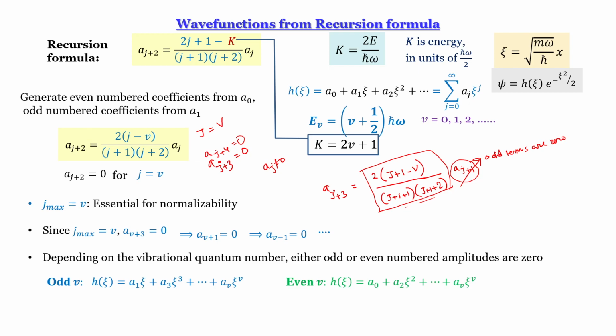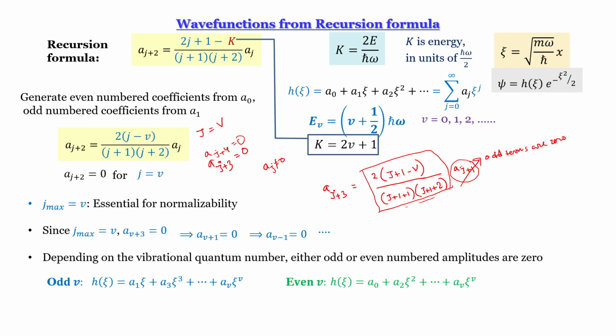But can we extrapolate it, saying that since aj plus 1 is 0, aj minus 1 is 0? Because see, the j is an integer, right? If we go back, suppose j is even here.